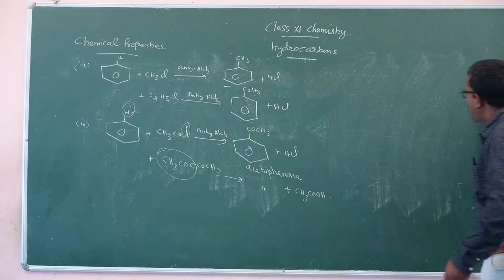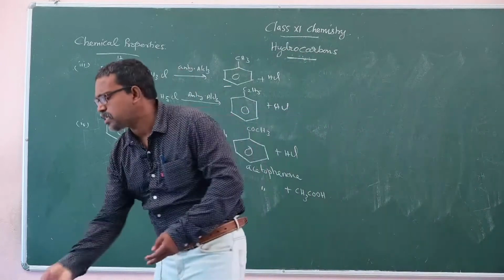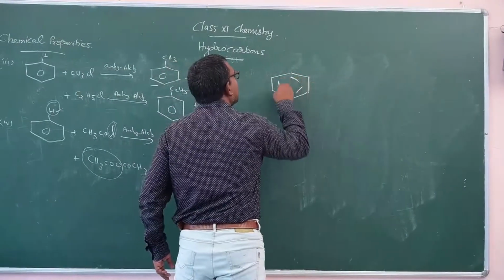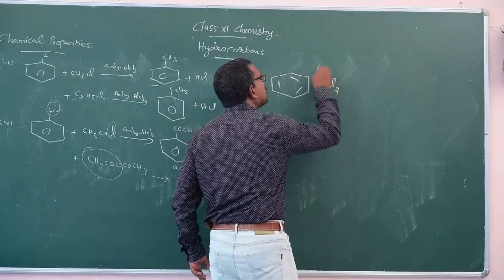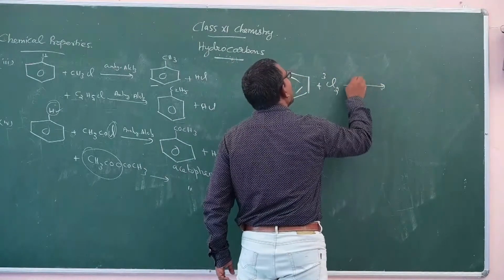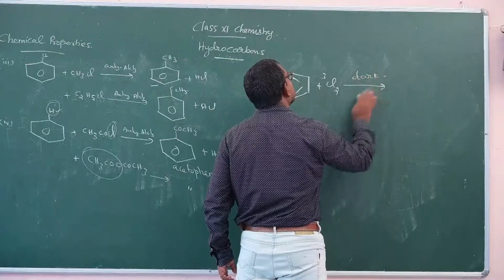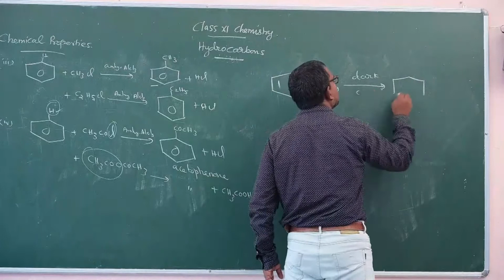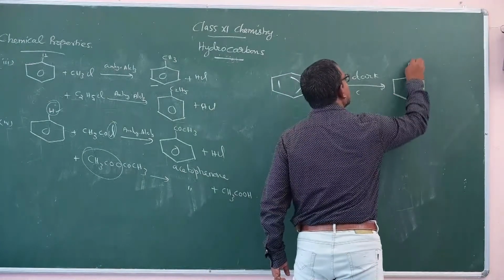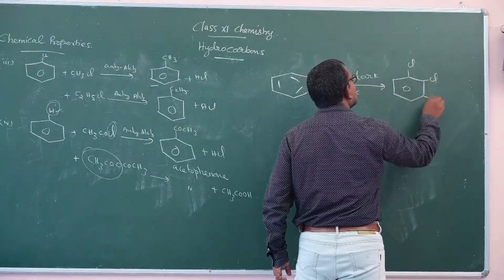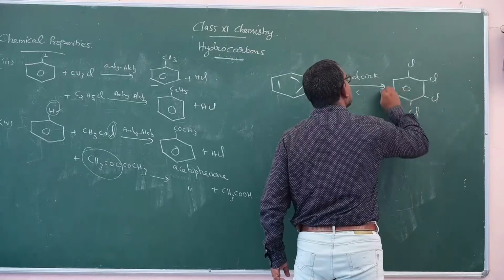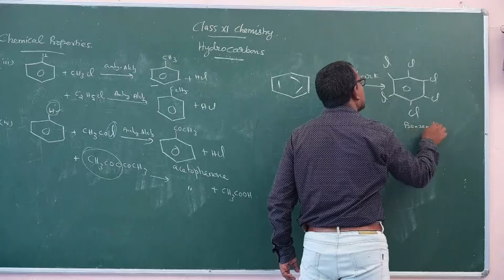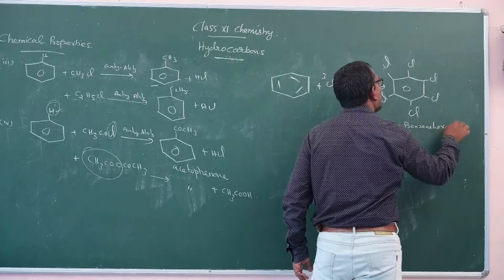Benzene reacts with excess of chlorine in the dark condition, and it gives benzene hexachloride.